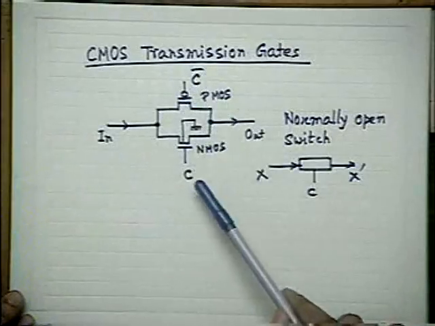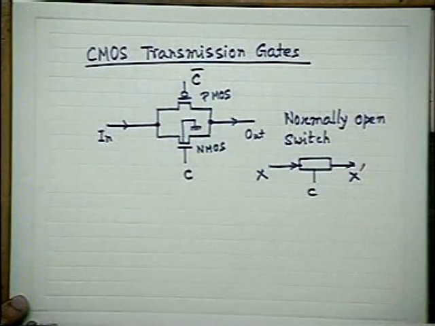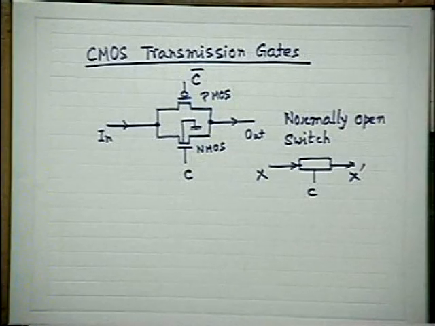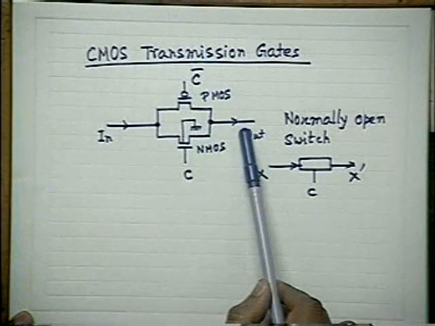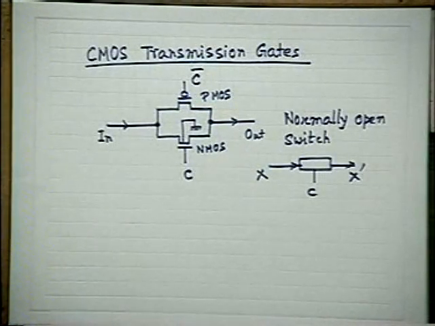So 0, 1 means, 1 means VDD is positive. But this is a PMOS. Only by applying at the gate something negative, more negative than VT, it will turn on. Otherwise, it will remain off. So this will also remain off. So nothing will go. So when C is 0, the switch is open, very properly open, no problem.